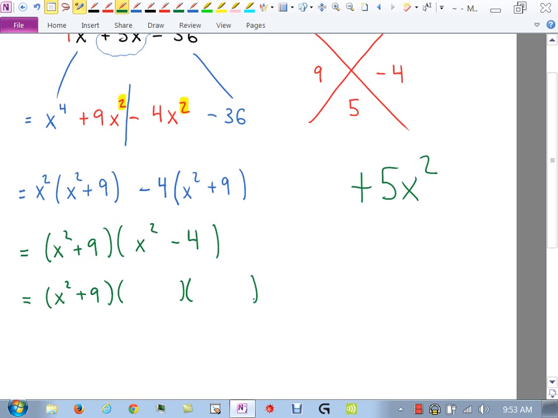And there's only a few that are like this that you should recognize, like x squared minus 1, x squared minus 9, x squared minus 16, x squared minus 25. All of those are difference of squares that are very common in math. So without working, I'm going to go x plus 2, x minus 2. And now each of these cannot be factored any further. So we are done. Box it up.